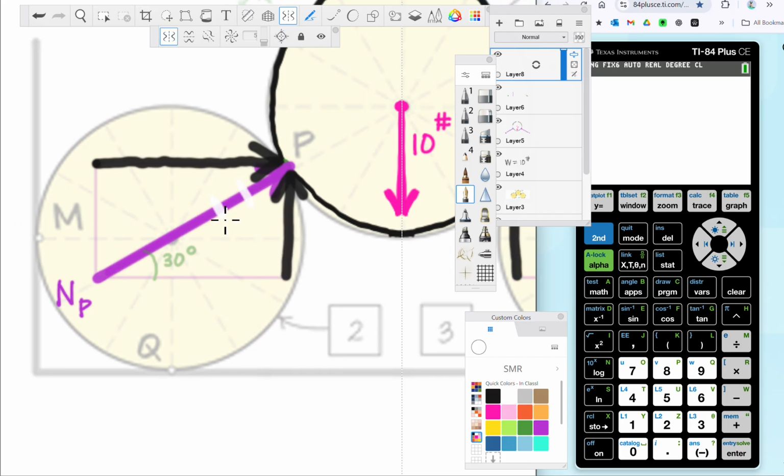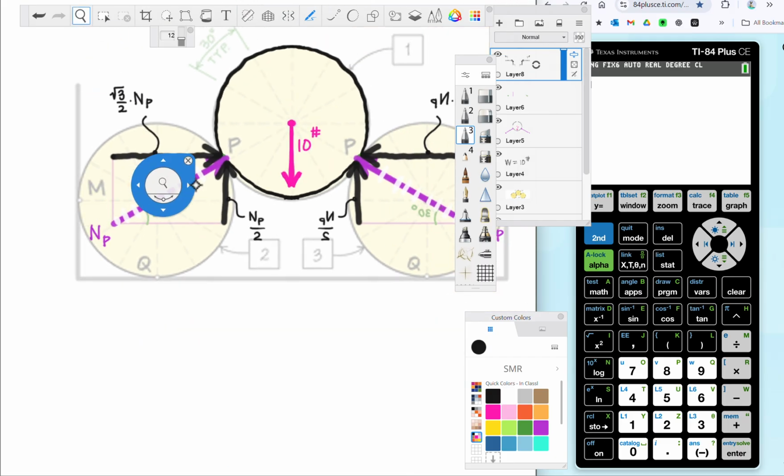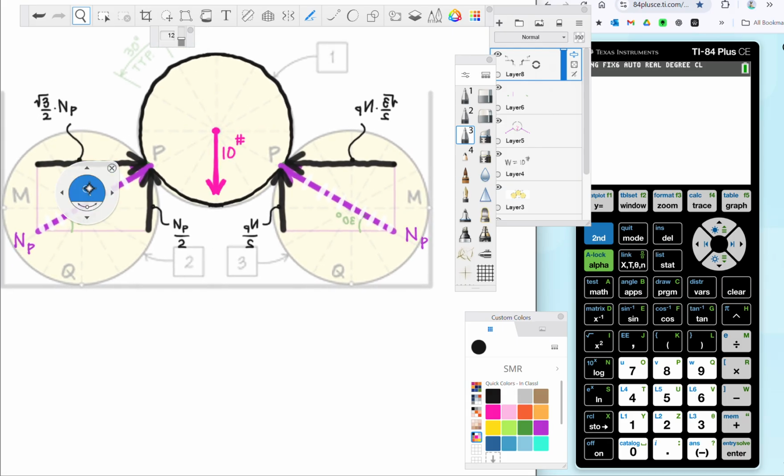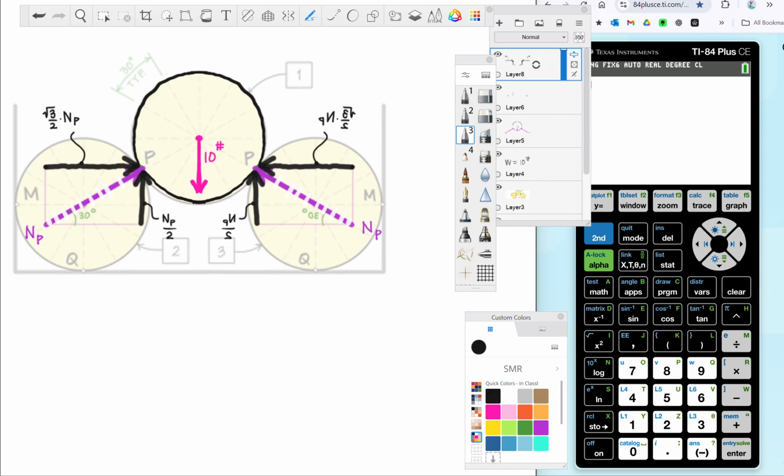The long leg is equal to root 3 over 2 times N sub P, and the short leg is equal to N sub P divided by 2. As you can see, I'm doing a little bit of mirror image writing, but that's okay, you get the idea. And we can very quickly solve this.